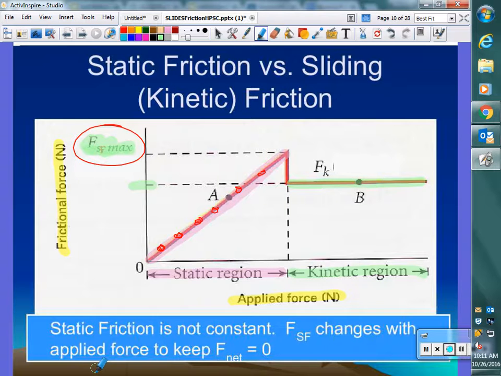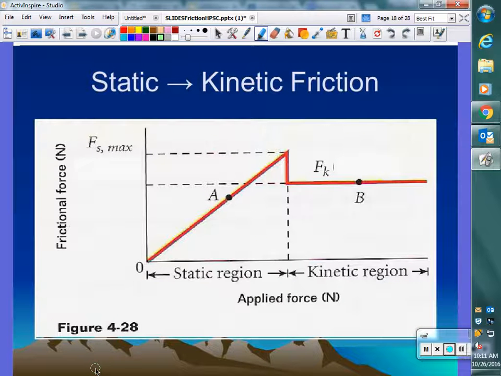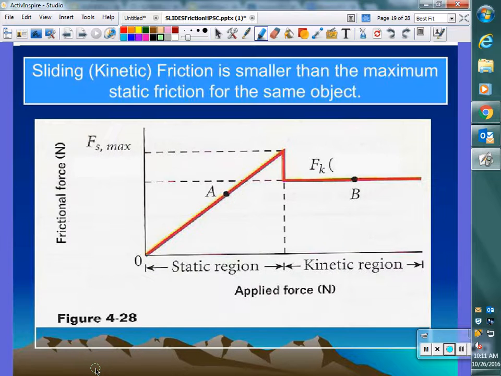All right? So, oh, there's that picture too. Kinetic friction is smaller than the maximum static friction if we're talking about the same object on the same surface.